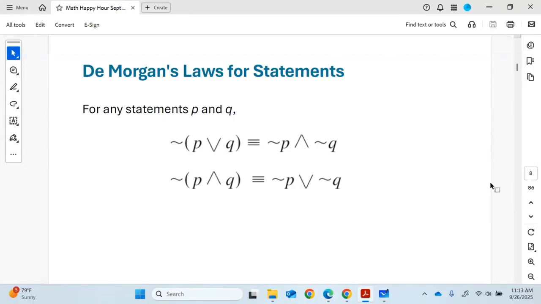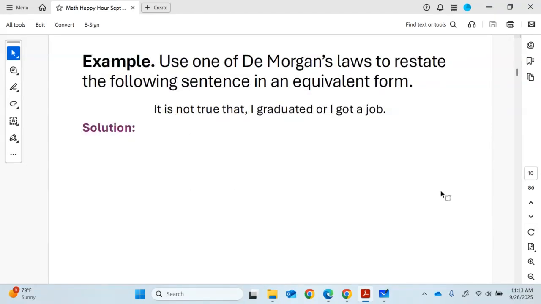Now, how can we use these equivalence statements in a specific context? This example is going to show us how to create an equivalent statement by using De Morgan's law. The statement is, it is not true that I graduated or I got a job.